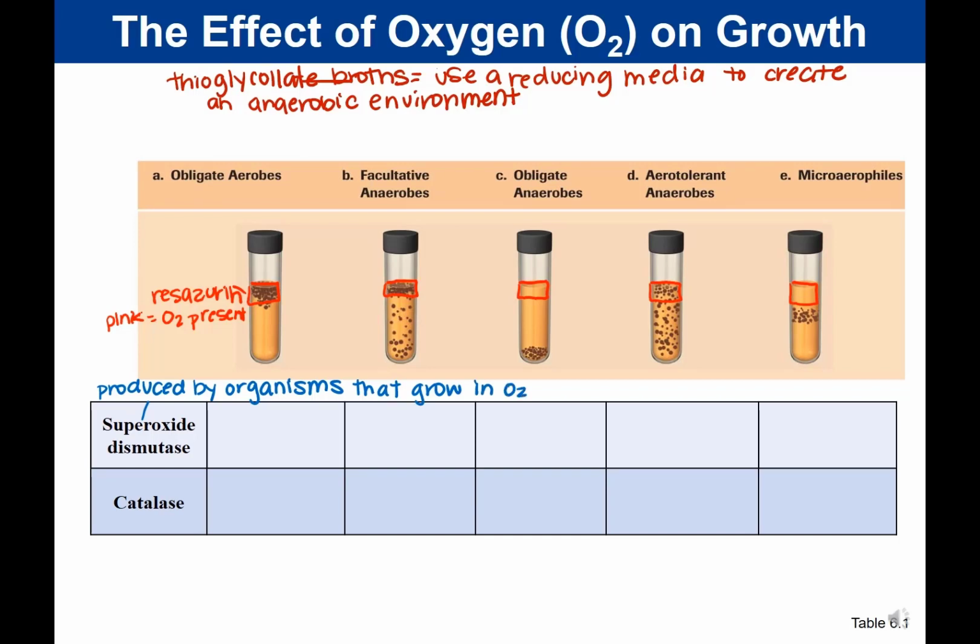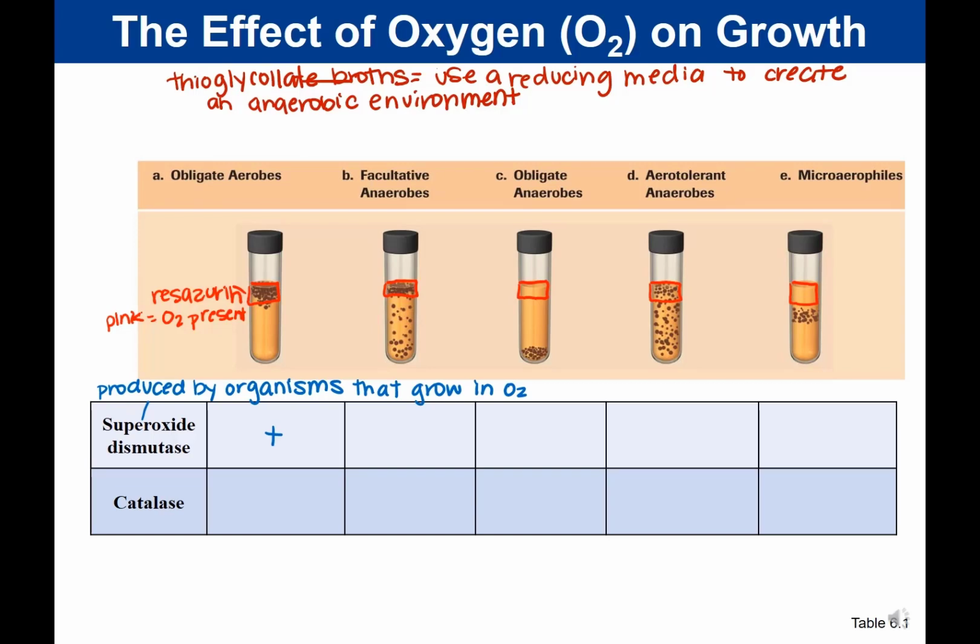So whether or not they use O2 does not matter. If they grow where oxygen is present, they will produce superoxide dismutase. So obligate aerobes, do they produce superoxide dismutase? And the answer is yes, right? They grow where oxygen is found, therefore they must have SOD.